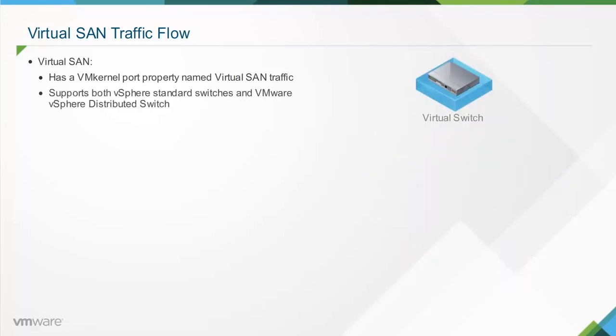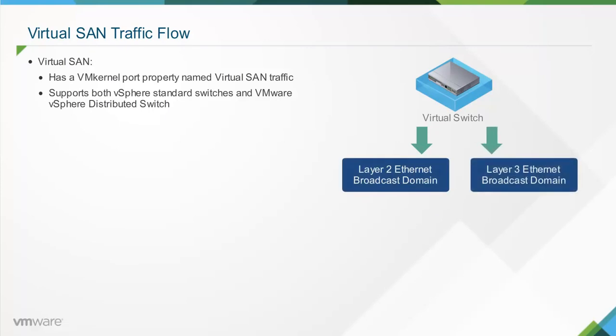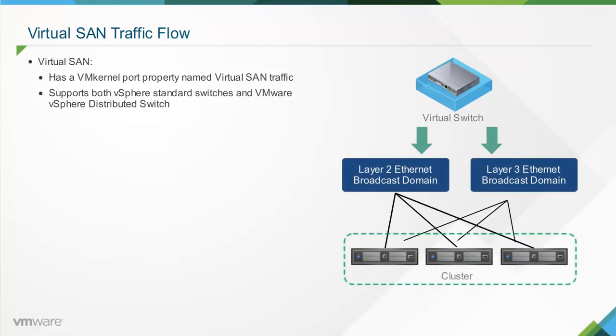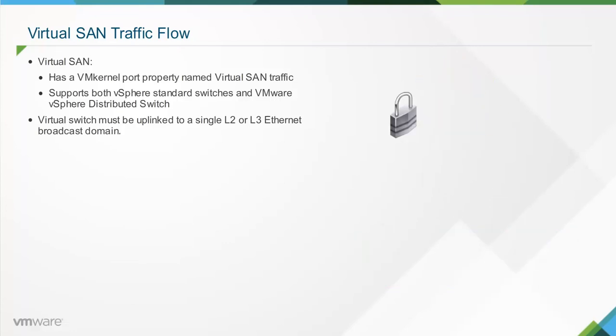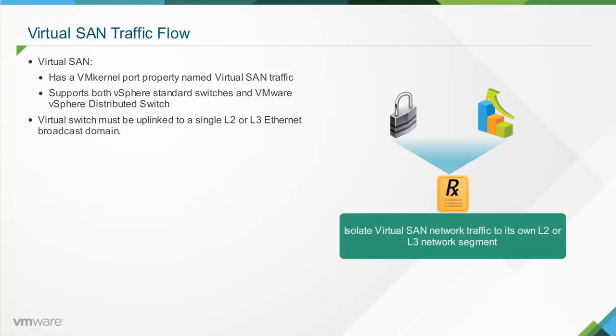The virtual switch must be uplinked to a single Layer 2, or L2, or Layer 3, or L3, Ethernet broadcast domain that provides connectivity to all hosts in the cluster. The Virtual SAN cluster hosts must have a Virtual SAN traffic-enabled VMkernel port connected to a virtual switch.